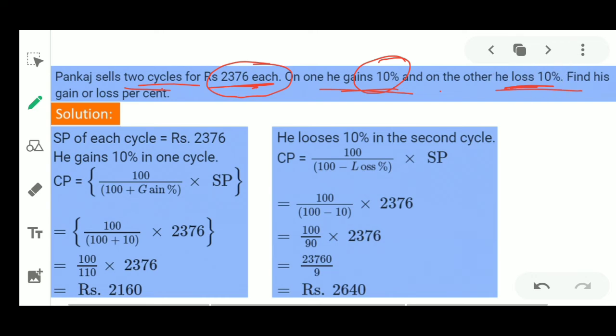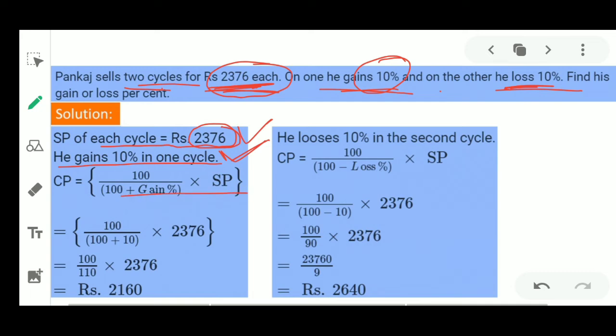Okay, so write down selling price of each cycle equal to 2,376, that is given. He gains 10% in one cycle. So here we have selling price and gain percent. So the formula for CP will be 100 by 100 plus gain percent multiplied by SP.